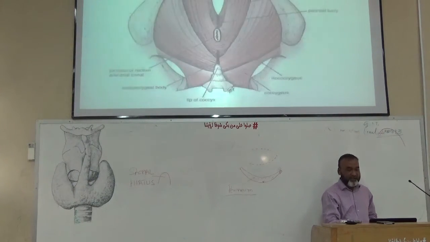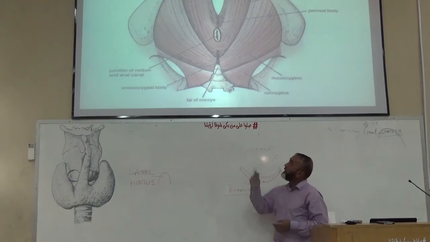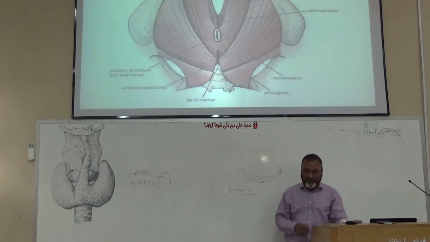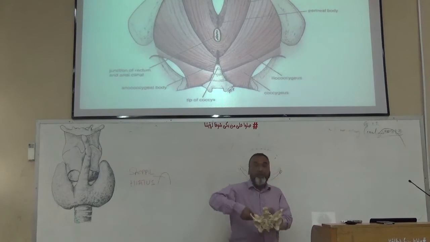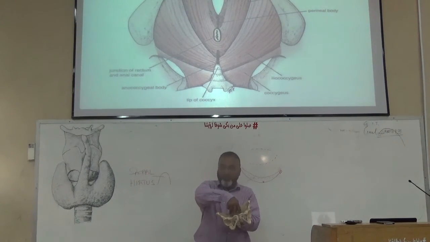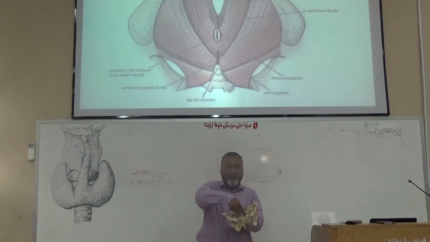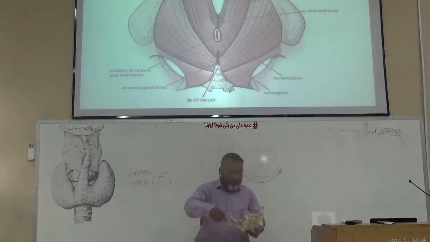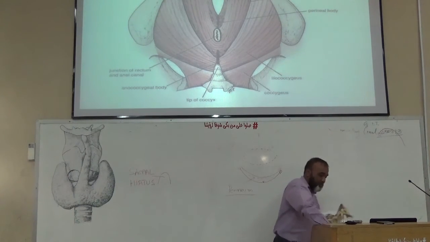Now, the levator ani muscle originates first from the inner aspect of the pubic bone, and they pass backward.